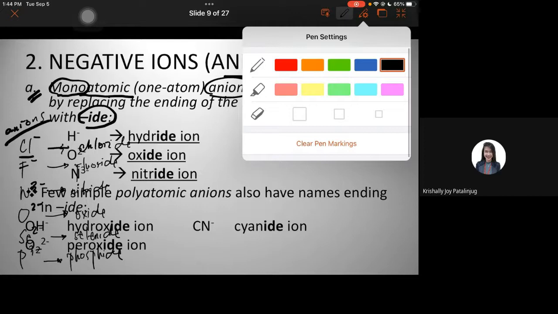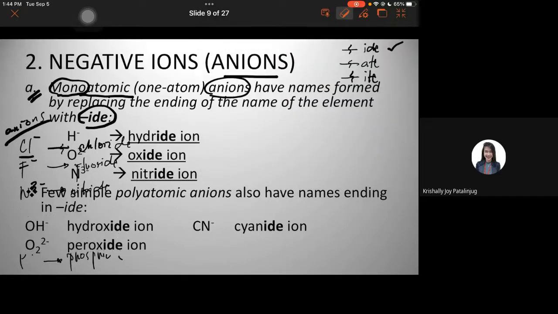Let me erase this part. We have very few polyatomic anions that also end with IDE. There are only three of them. Just take note of this: hydroxide, peroxide, cyanide.